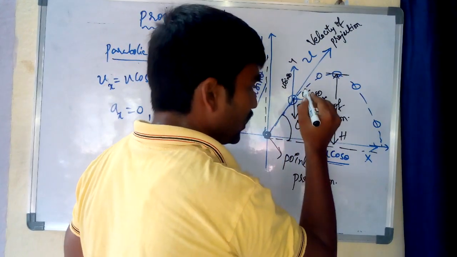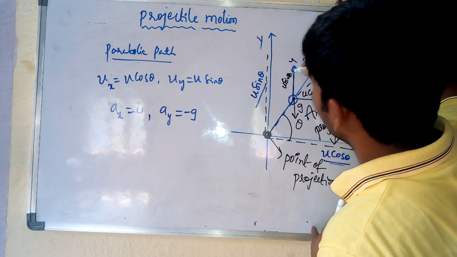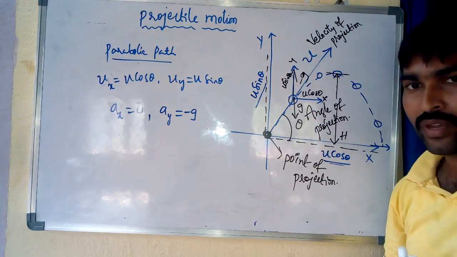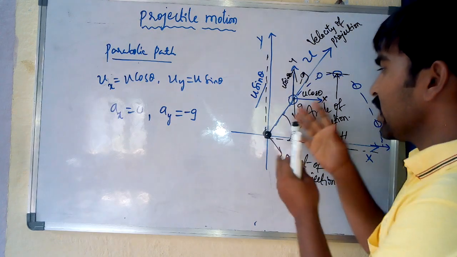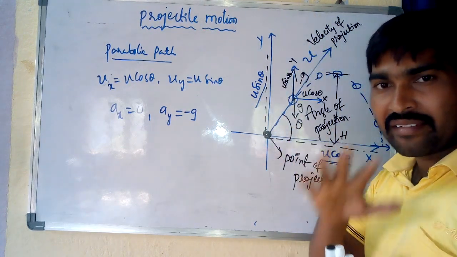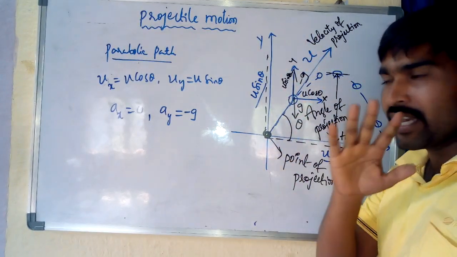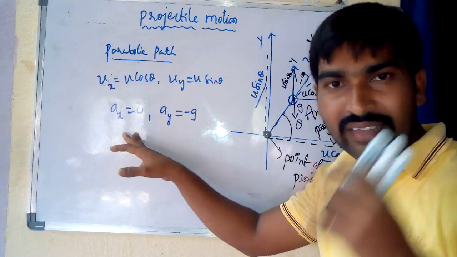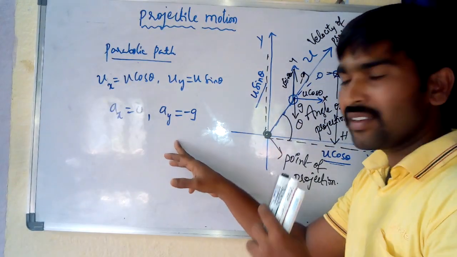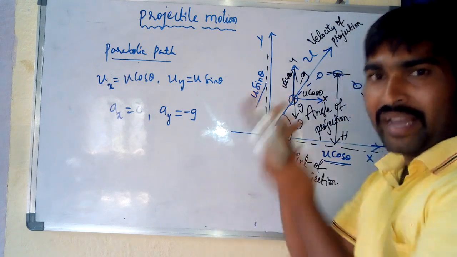That's why it is g, and the normal force acts on your body upside. So that's why we are taking minus g. Under gravity, the projectile motion is always upside. Listen carefully. Along the x direction, the acceleration becomes 0. Along the y direction, the acceleration is equal to the normal force. That's why we are taking ay equal to minus g.